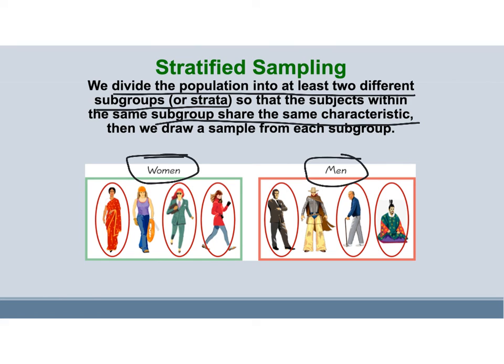It's something that you already fall into. Now, in a stratified sample, we then pick some from each of those groups. So I took 3 women here, and I took 3 men here. Now, it doesn't always have to be the same. I could have picked 2 women and 3 men. That would have been fine too. But the point is, I take some from each.